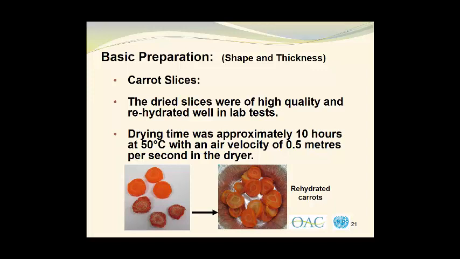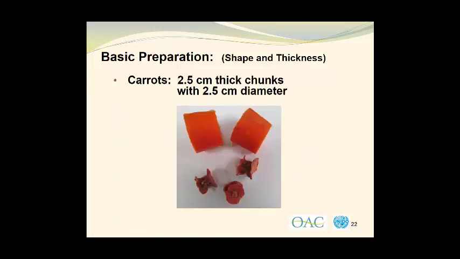Then we moved on and tested 2.5 centimeter thick chunks of carrots with a 2.5 centimeter diameter. Here you can see two chunks of carrots in the top of this photograph, and in the bottom of the photograph you see what the carrot chunks were like after they had dried.